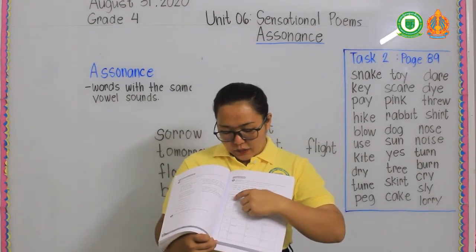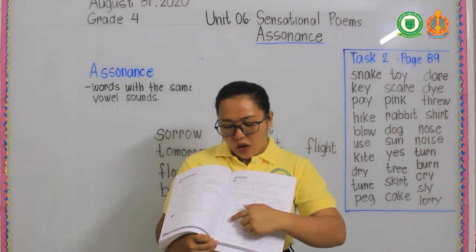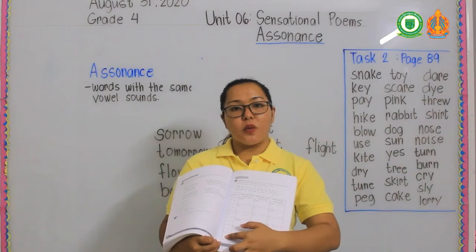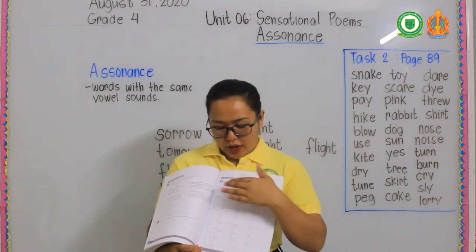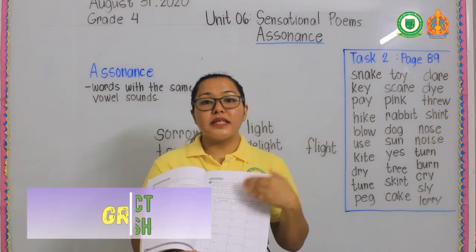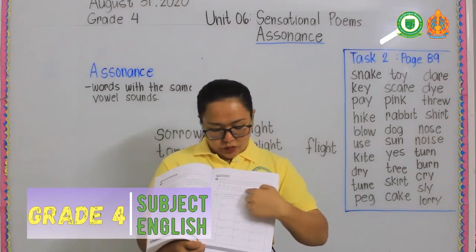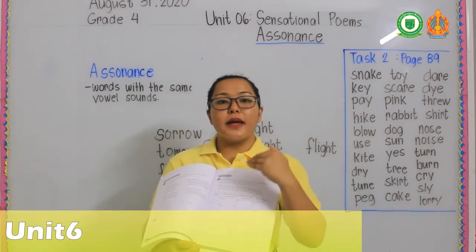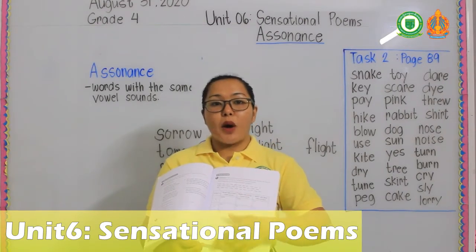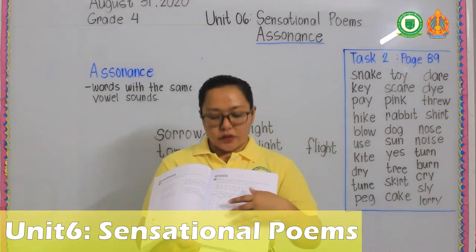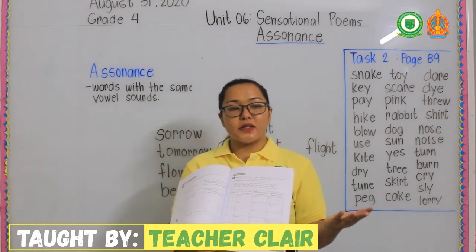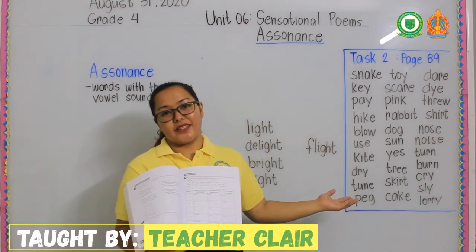Is it vowel A, E, I, O, U, or the letter Y? So again, you have to identify the vowel sound of these words, and then you have to put them in the appropriate box here, okay? So you already have example words here, and don't worry because we are going to read these words, okay?